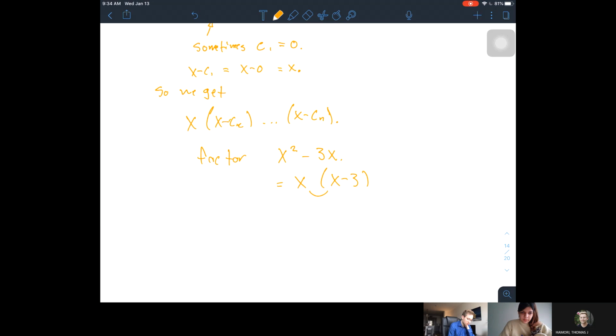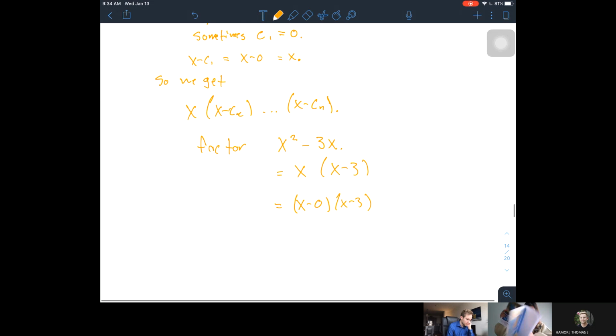Because then we would distribute this x onto each of these, right? So that's called taking out a common factor. We took out a common factor of x. And so we could think of this as being like x minus 0, for example, times x minus 3. So we've sort of achieved the goal. Does that make sense? Yeah, I got that.